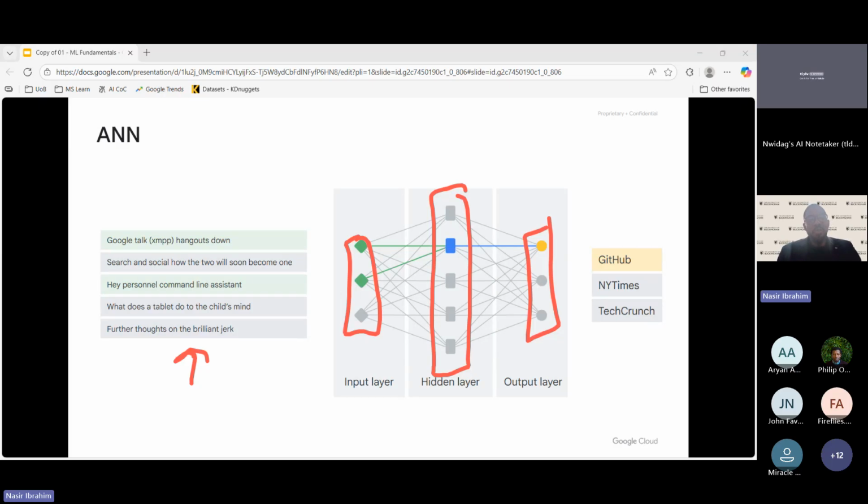So what we want to do is we want to pass this article to the input layer, and the output layer is going to tell us, is it from GitHub, is it New York Times, or is it TechCrunch? Okay, and so the samples will be transformed into the input layer, and then some computations will be done. And at the end, we're going to have an output to tell us, okay, this particular article is coming from GitHub or New York Times or TechCrunch.